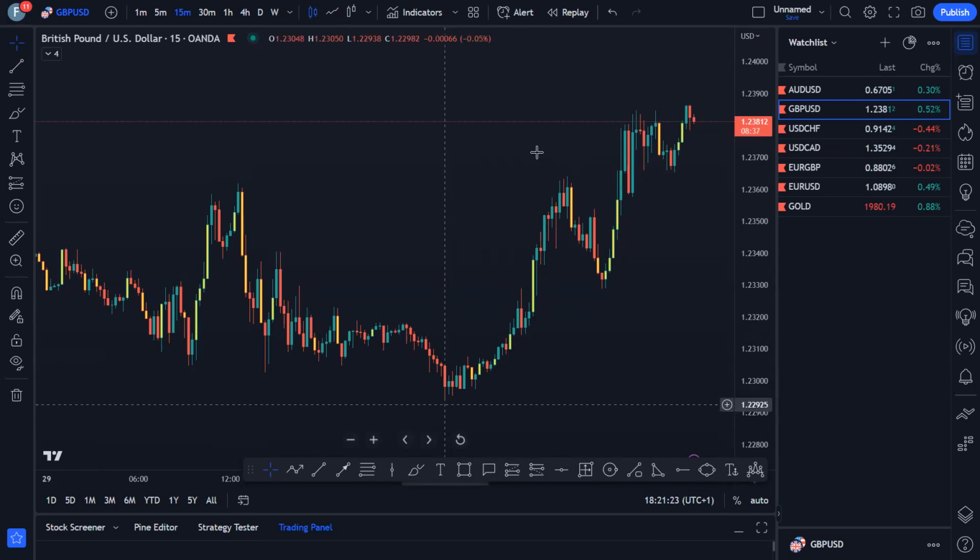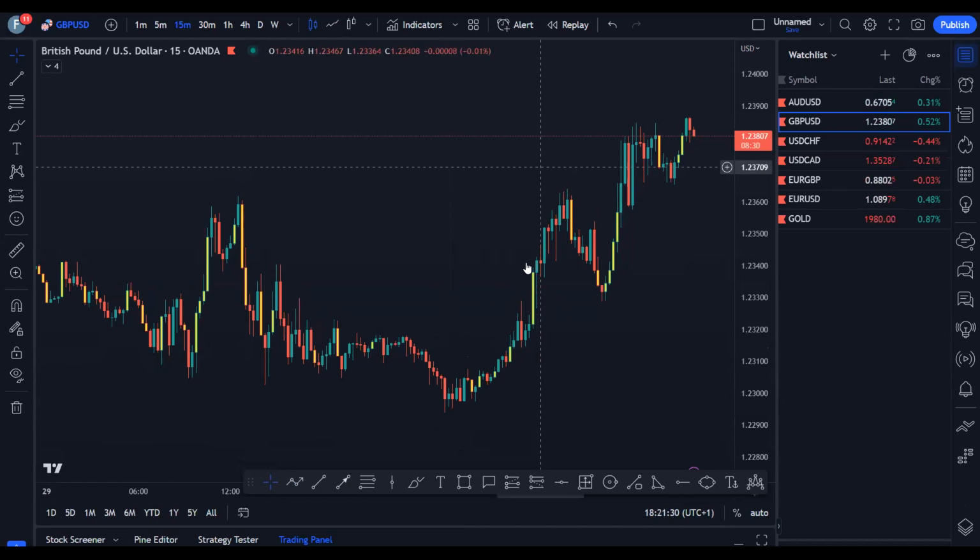Now, this is GBP USD. What I like to do on any commodity that I'm trading is to know the higher time frame perspective. I want to know exactly what's going on the higher time frame, because the higher time frame is an authority time frame. It gives me a better overview of where price is going.